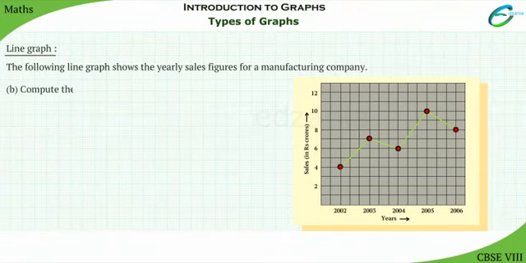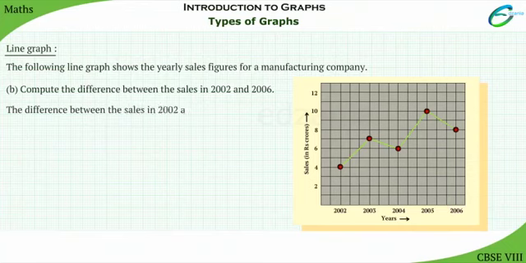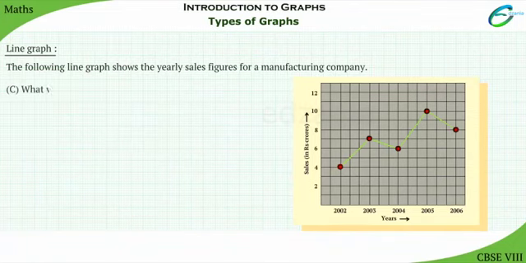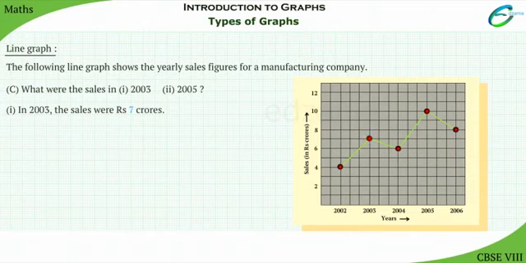Compute the difference between the sales in 2002 and 2006. The difference between the sales in 2002 and 2006 is 4 crores. What were the sales in 2003 and 2005? In 2003, the sales were rupees 7 crores and in 2005, it was rupees 10 crores.